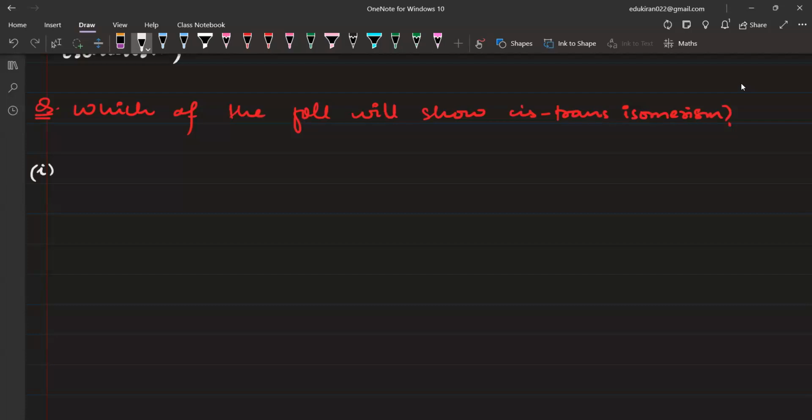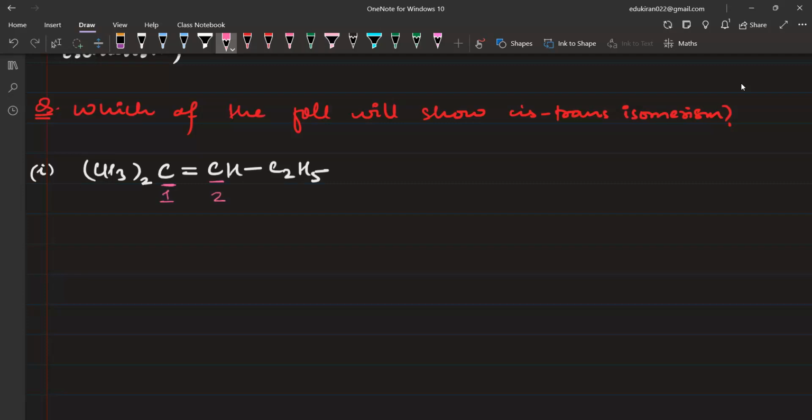For example, suppose you have CH3 twice on a carbon doubly bonded with a carbon which has one hydrogen and then C2H5. So first thing you have to do is identify the carbons which have double bonds. This carbon atom is carbon number 1, and that carbon is carbon number 2.